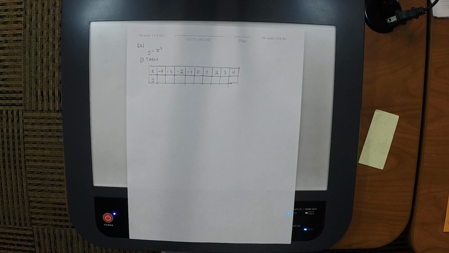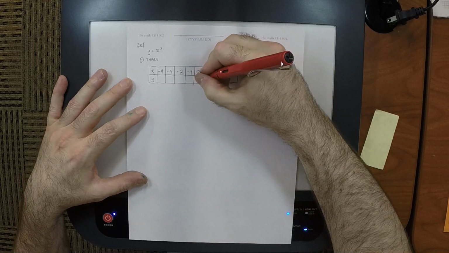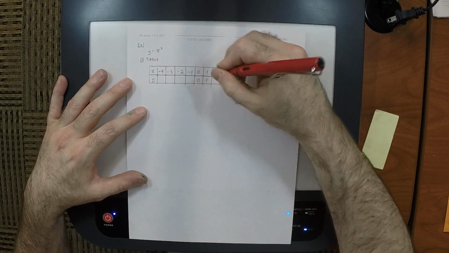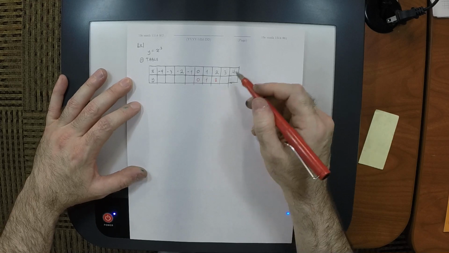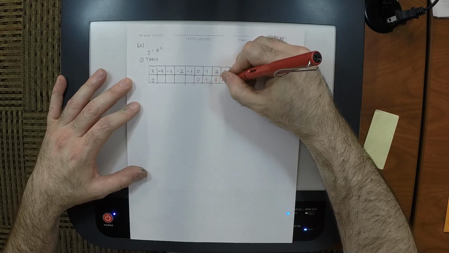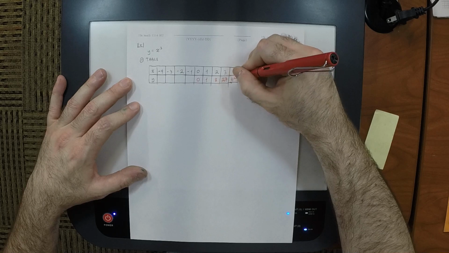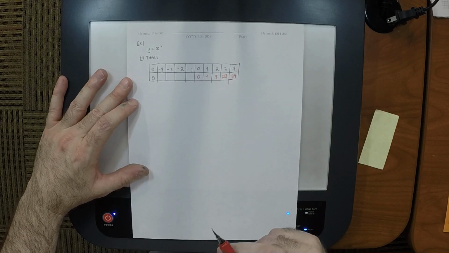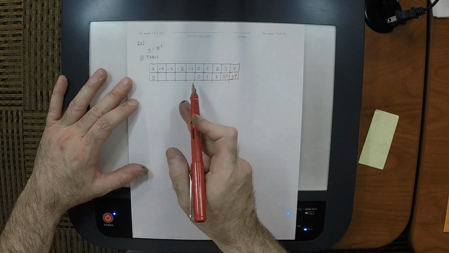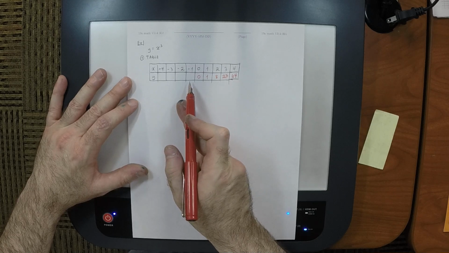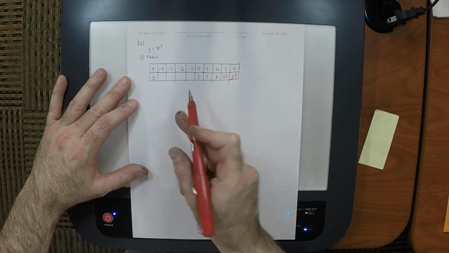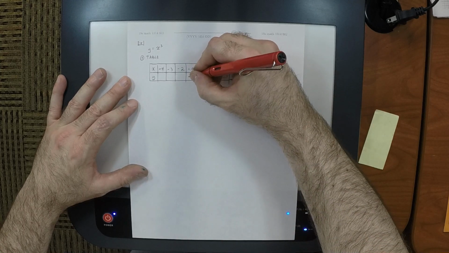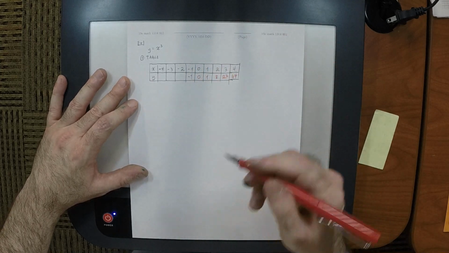Okay, so I'll deal with the ones that aren't negative first. So 0 cubed is 0, 1 cubed is 1, 2 cubed is 8. And then they start getting bigger pretty quick. So 3 cubed is 27, 4 cubed is 64. Okay, how about -1 cubed? It'd be -1. So notice that it's not like the square.